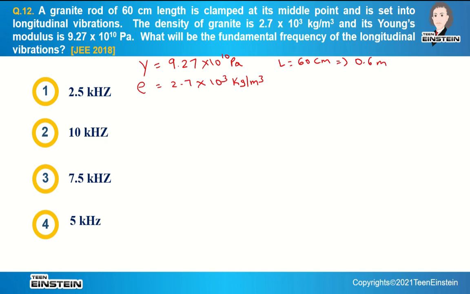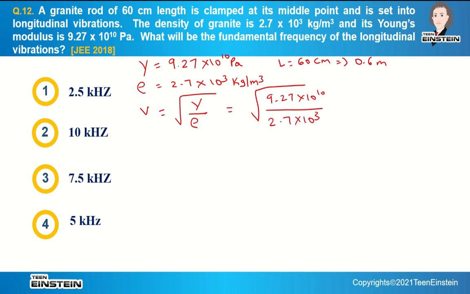Now the velocity of sound is given by V is equal to root of Y by rho, which is equivalent to root of 9.27 into 10 power 10 divided by 2.7 into 10 power 3. If you solve this, you will get the value as 5.9 into 10 power 3 meter per second.